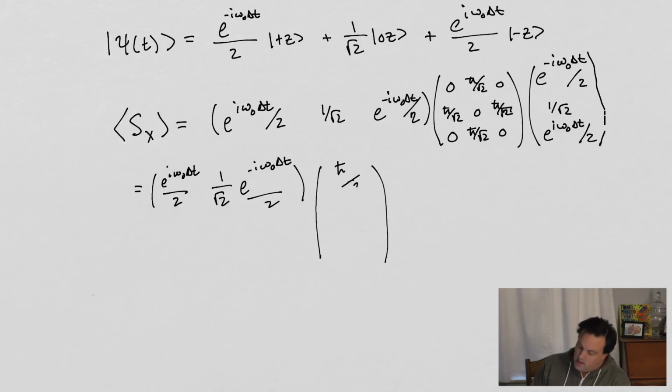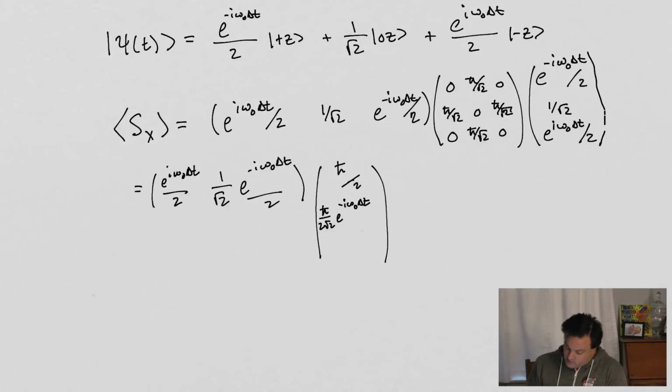H bar over 2. Now the second one, I'm going to have an e to the minus i omega naught delta t, and then it's going to be divided by the square root of 2, divided by 2, and multiplied by h bar. So I have h bar over 2 root 2 times e to the minus i omega naught delta t. That comes from the first one.